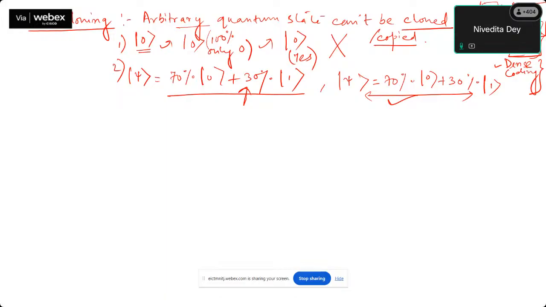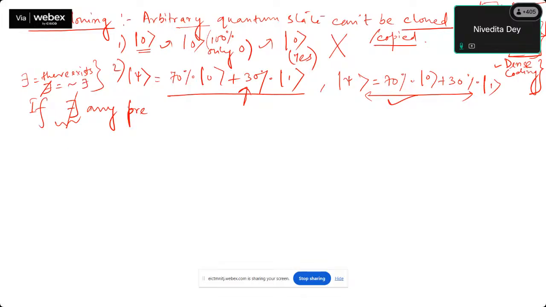Meaning no intruder or eavesdropper who does not have the preparation contextuality. I hope you know this is the there exists symbol, and this is definitely the negation of that.